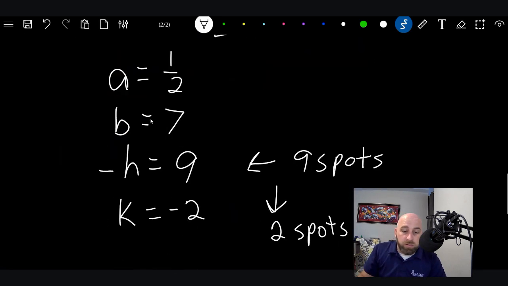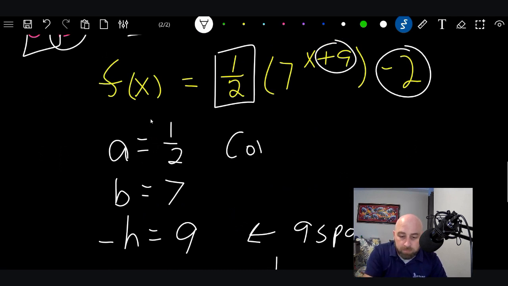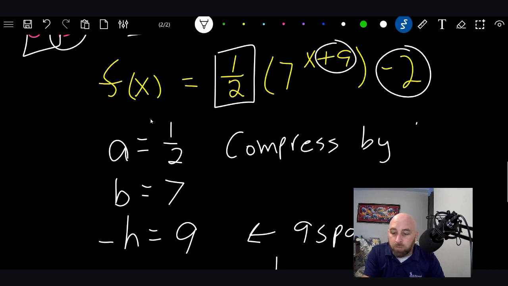So it's going to compress by 1/2. And that's a multiplier.